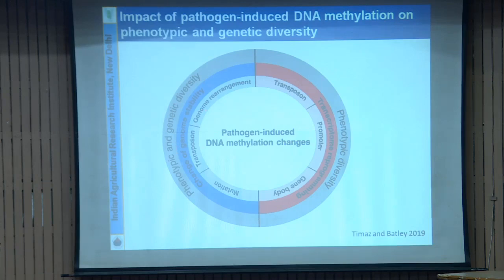Similarly, some genome rearrangements like non-homologous end joining may happen, which may lead to instability of the genome. So in general, pathogen-induced DNA methylation may lead to either transcriptional reprogramming or instability of the genome, which will add to the phenotypic and genetic diversity of plants.